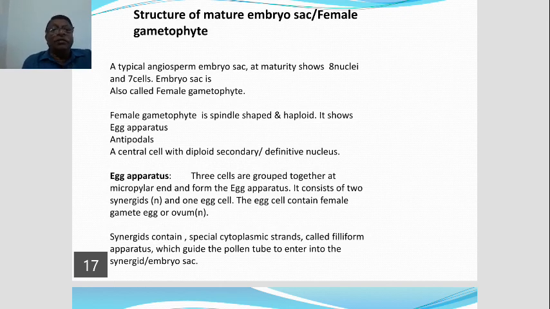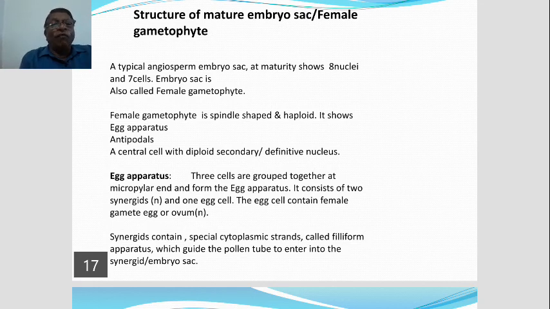Egg apparatus. 3 cells are grouped together at the micropylar end of the ovule and form the egg apparatus. That is, the egg apparatus is always present at the micropylar end of the ovule.